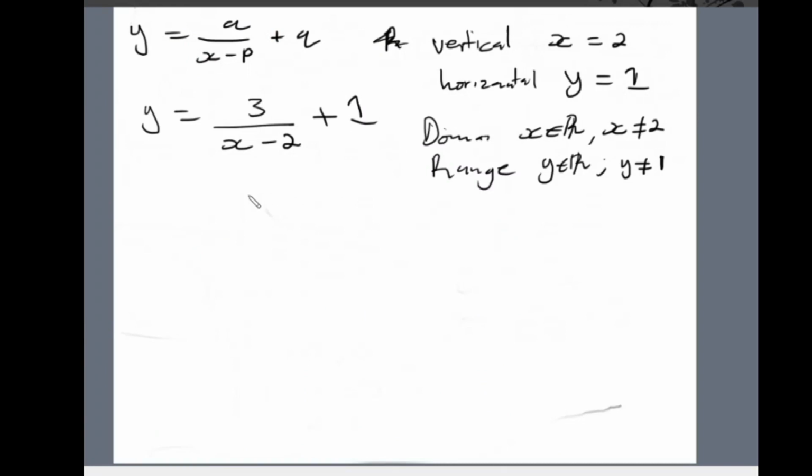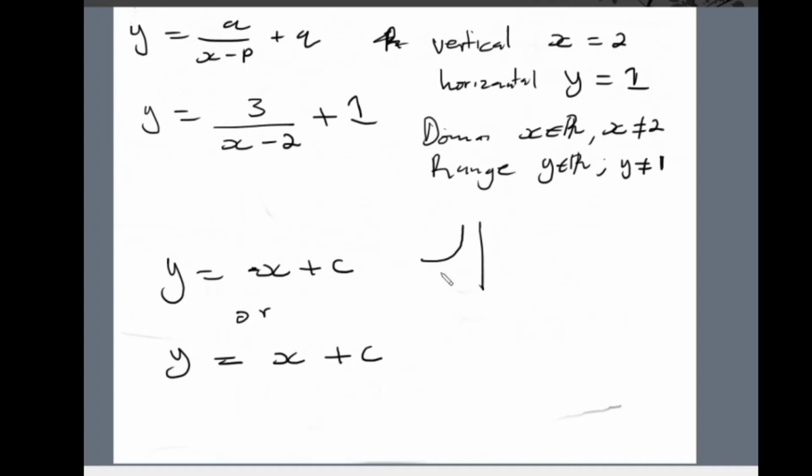So which means the equation for your lines of symmetry will be in the form y equals minus x plus c, or y equals x plus c, right? This one is for when your graph lies in the second and the fourth quadrant, right?